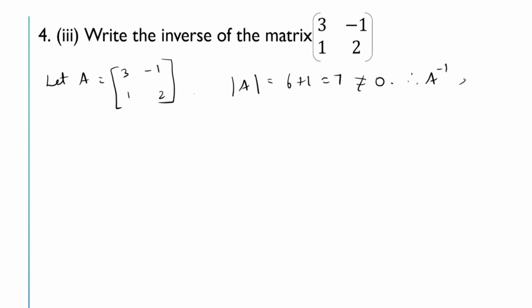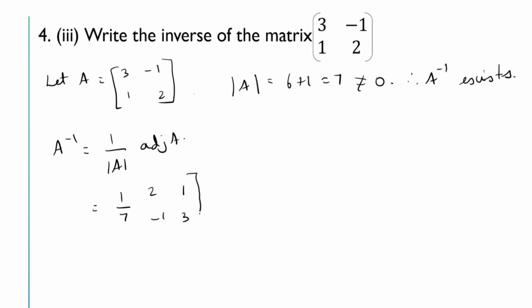Therefore, A inverse exists. A inverse is equal to 1 by determinant of A into adjoint of A. Determinant of A we got 7. Adjoint of A is 2, 1, minus 1. So this is A inverse.